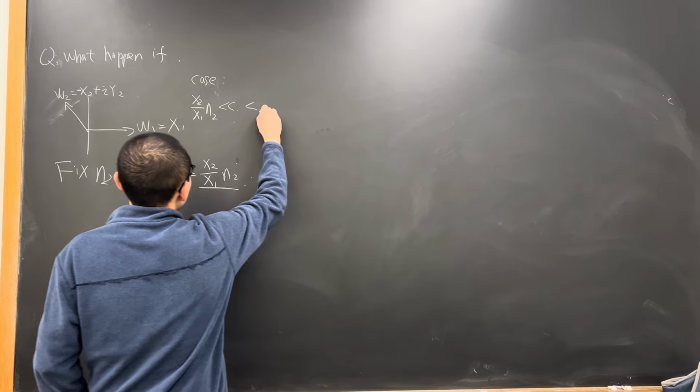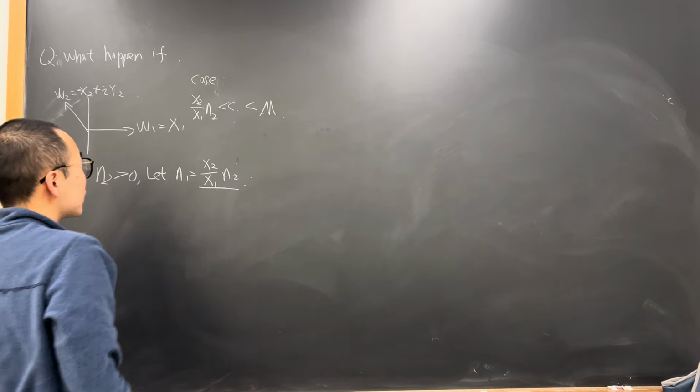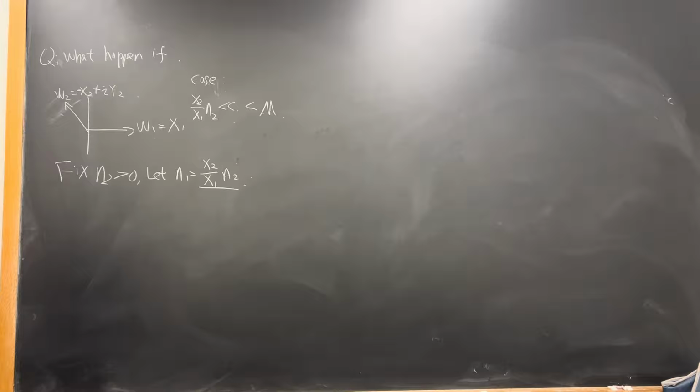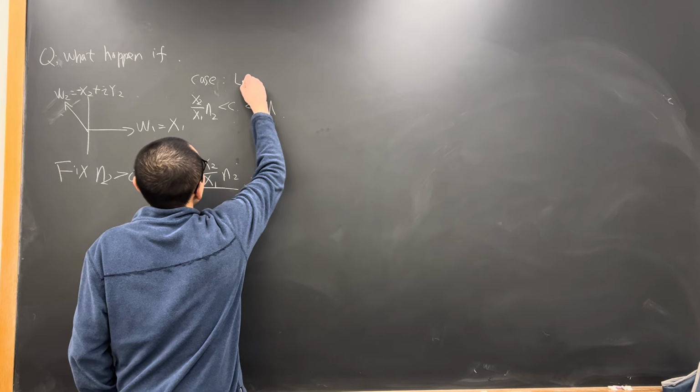Let's say it is m. Then what would happen if C is between these two numbers?